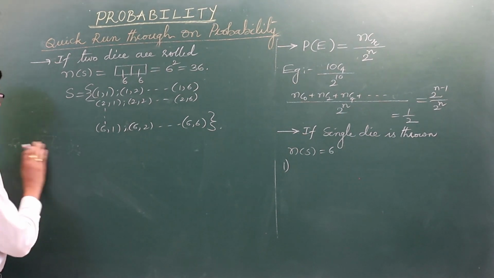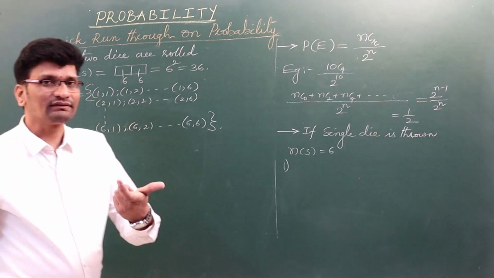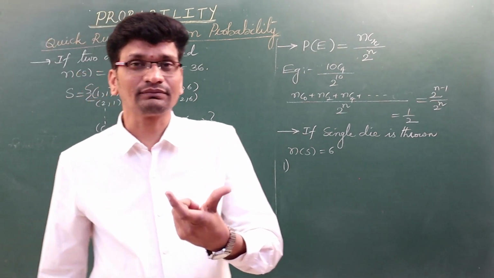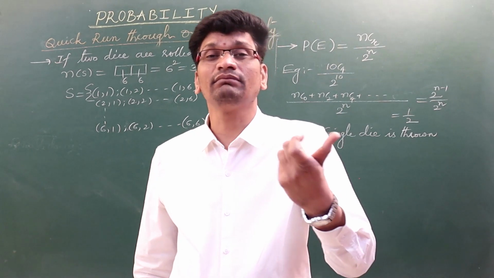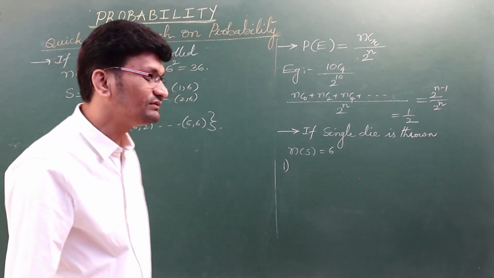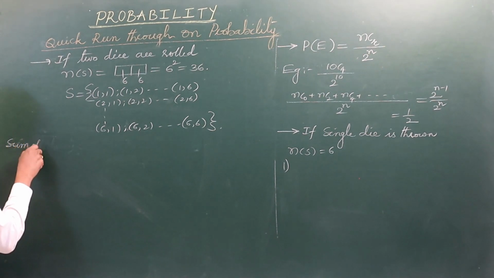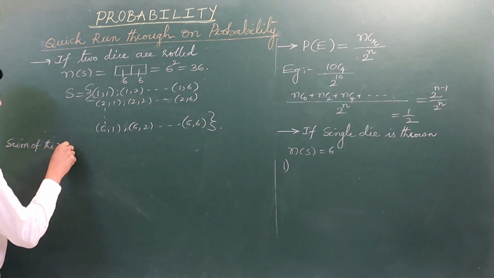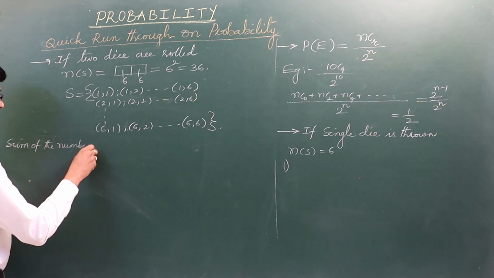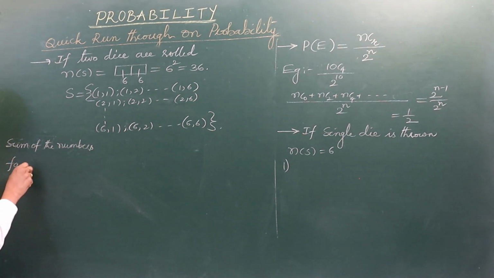Sorry. On the 2 dice, we will get 2 numbers. Now I am taking one random experiment of the sum of the numbers on 2 dice. Sum of the numbers and favorable chances.